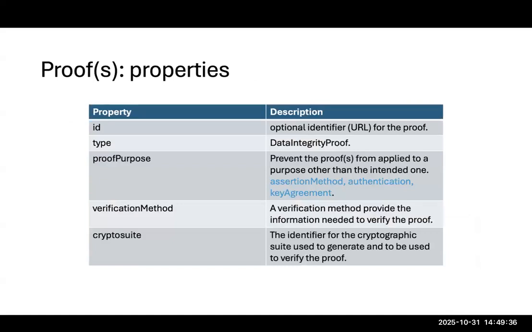Just to recap, the properties within the proof: ID, an optional identifier for the proof; type, data integrity proof; purpose, the classical ones that we already know from the DID document. So assertion method, authentication, and key agreement essentially prevent the proof from being applied to a purpose that is not the one intended by who made the proof.